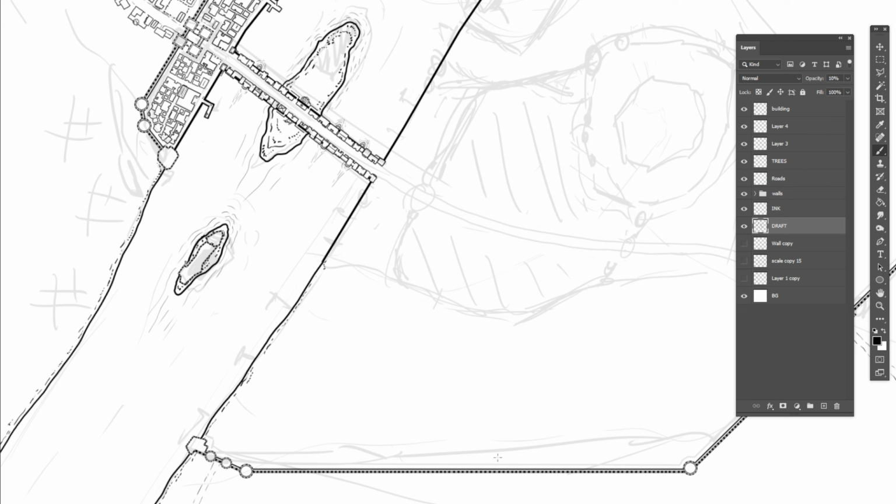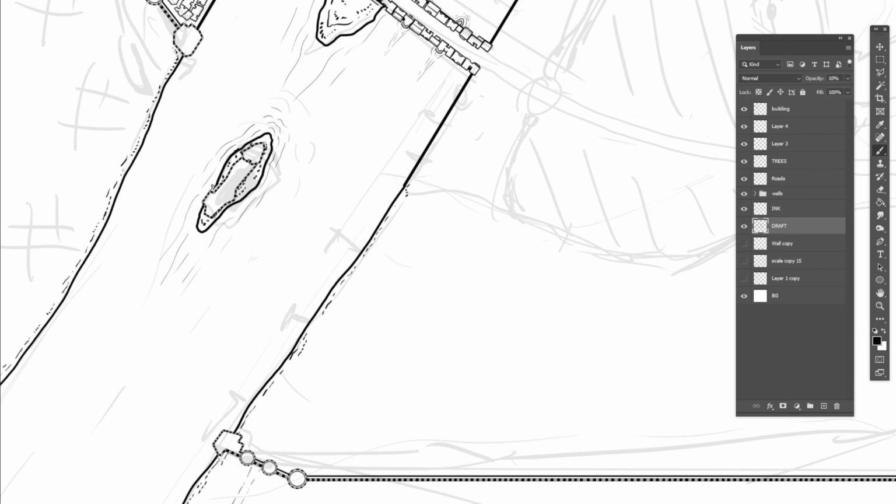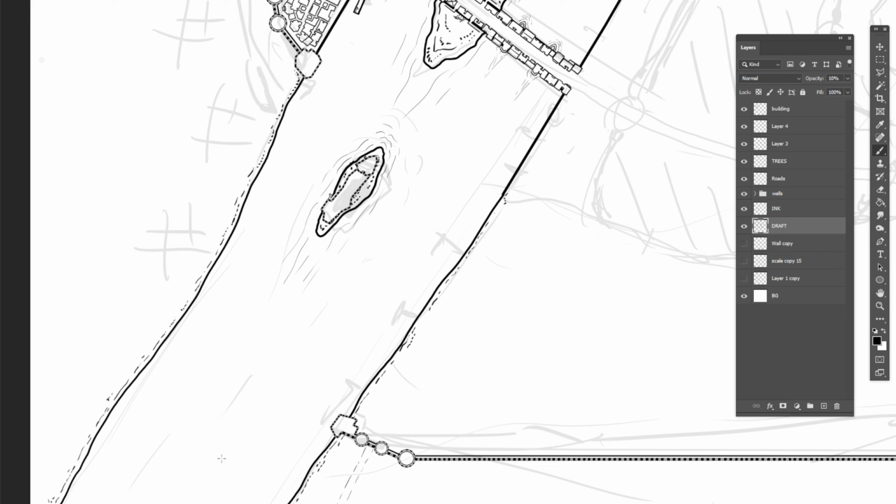So at the point where they've actually got this outer wall, that's when we get the gate. And I'm thinking that maybe this here would have followed the water's edge, but we're going to have some warehouses and the likes along here. So I think what we're going to do is, yeah, you know what?